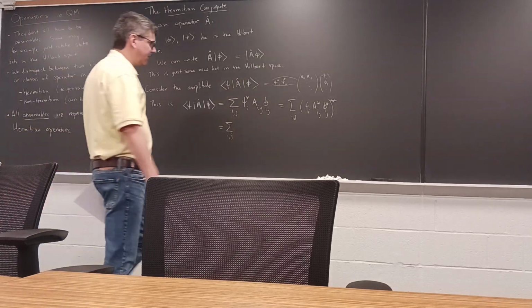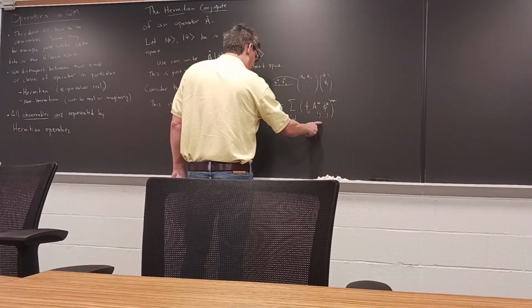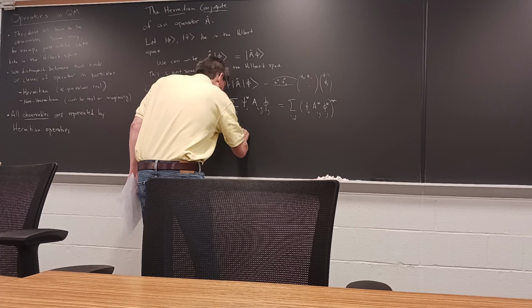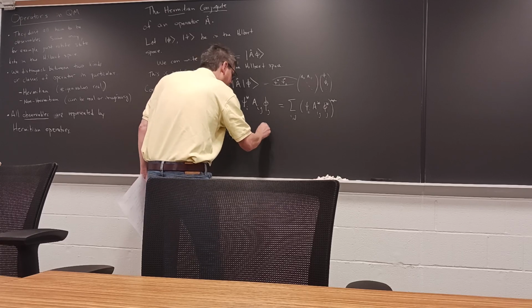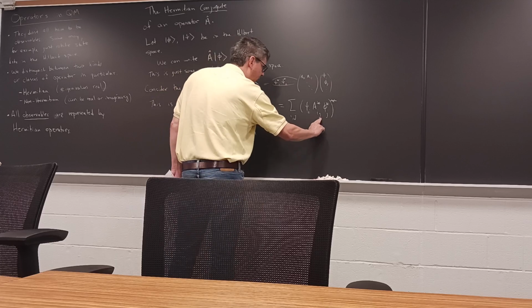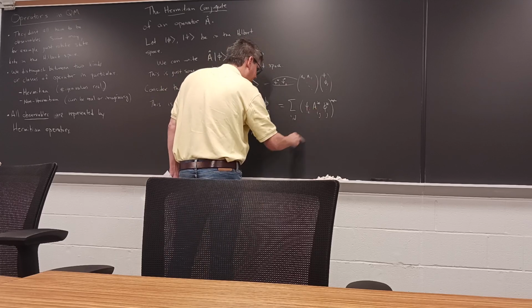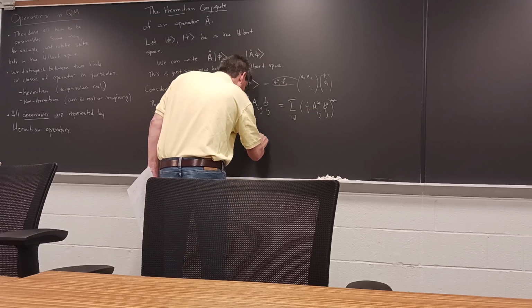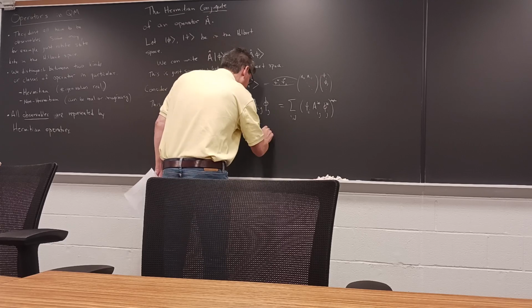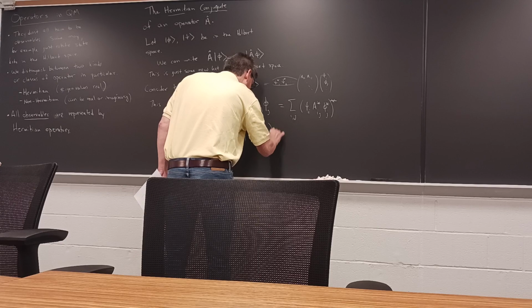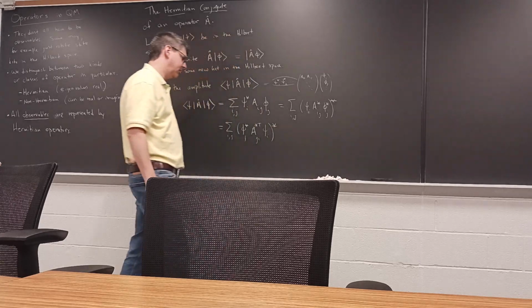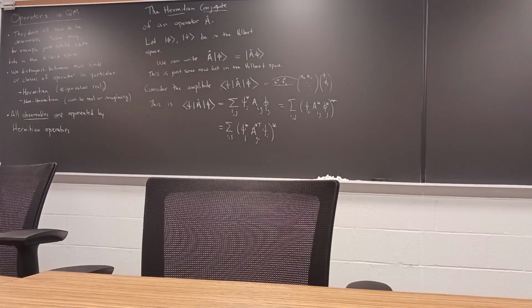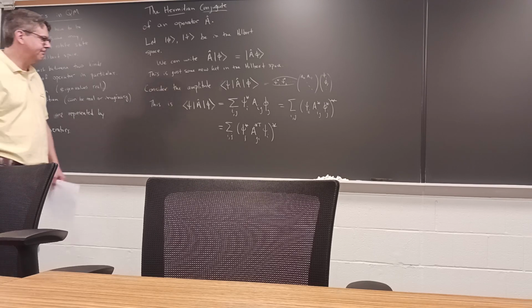And then if I want to write it the other way around, I'll have phi j star on the left. I can swap the indices here, i and j, and take the transpose. So I can write this as a_ji star transpose, and then times psi i star.